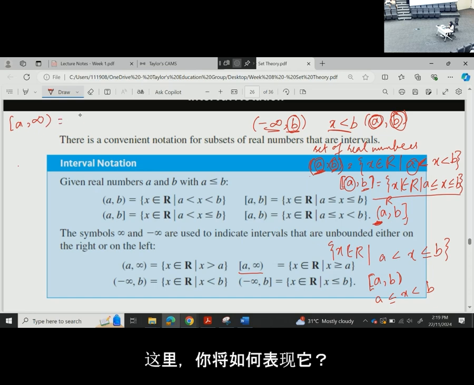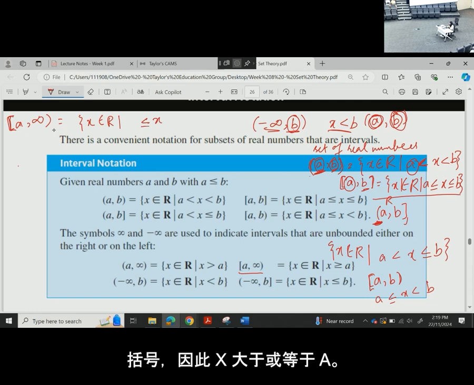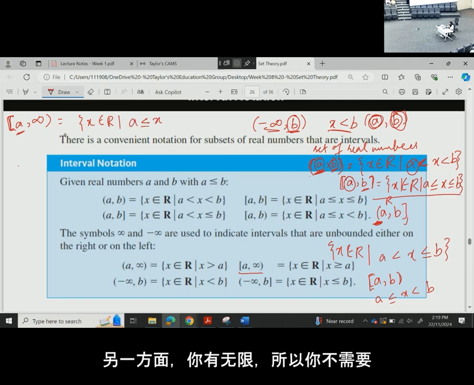Here, how will you represent it? X belongs to the set of real numbers, or whatever the domain is, such that, now you see over here, it's a square bracket, so X is greater than or equal to A. And on the other side, you have infinity, so you don't need to mention it.